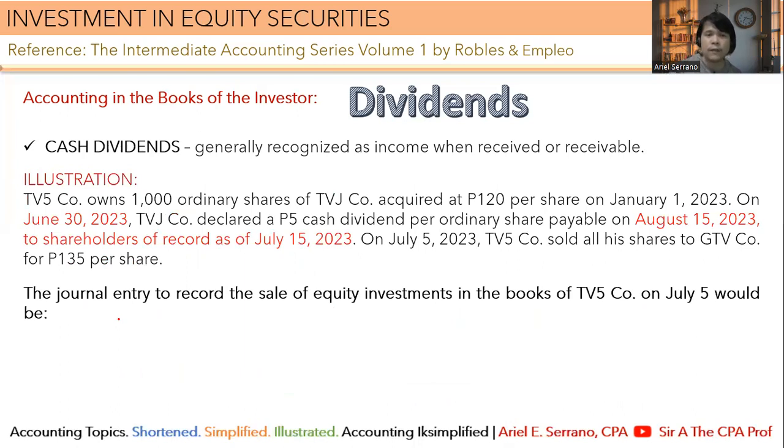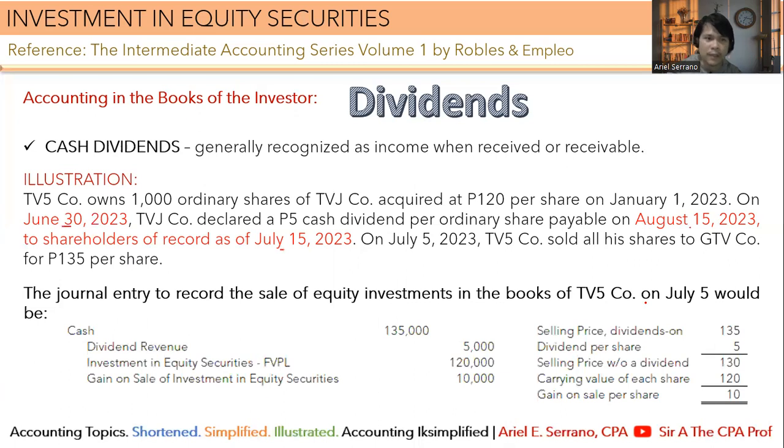So, your date of declaration is June 30, the date of record ay July 15, the date of payment is August 15. So, in the books of TV5 being the investor, ang journal entry niya on July 5 will be like this.